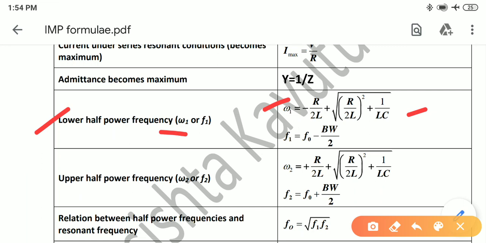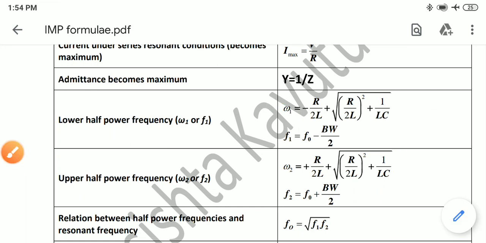F0 is the resonant frequency, same as Fr. We can represent it with either symbol; F0 and Fr are the same. So F1 is equal to F0 minus bandwidth by 2. Similarly, the upper half power frequency or upper cutoff frequency is omega 2 or F2. Omega 2 is given as plus R by 2L plus root over (R by 2L) whole square plus 1 by LC.